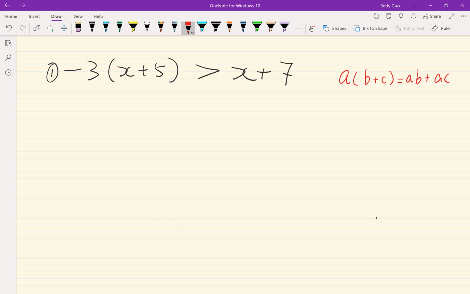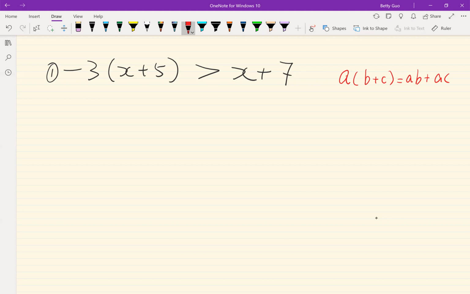So you're going to use -3 multiplied by x. You have -3x. And -3 times 5, so you have -15, right? Very good. And copy the bigger than symbol, bring it down on the right-hand side. Copy x plus 7. So is this clear?